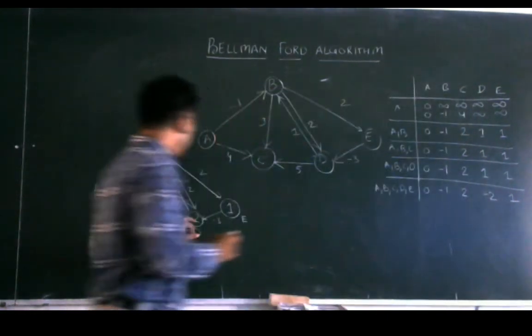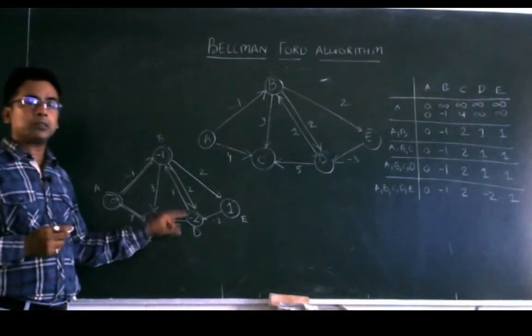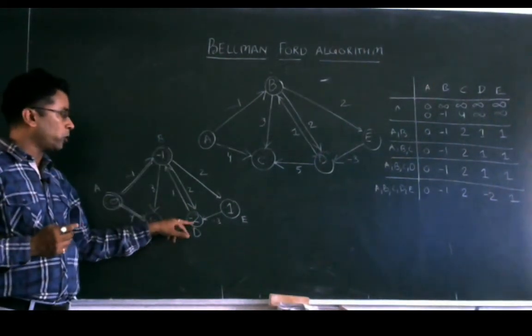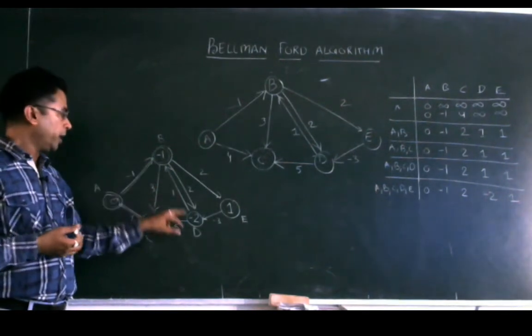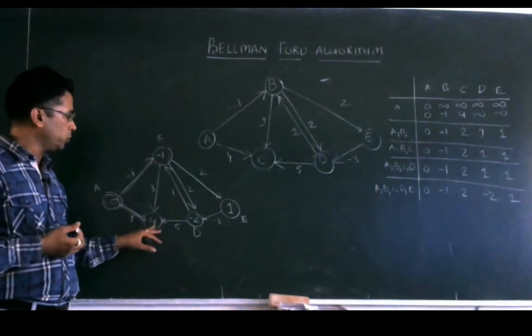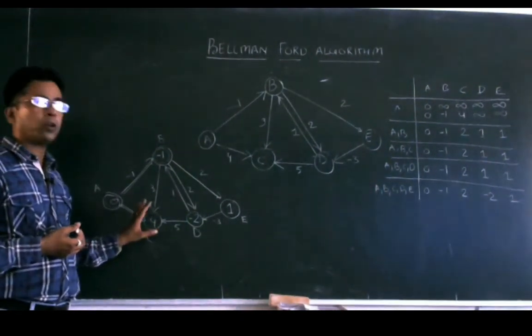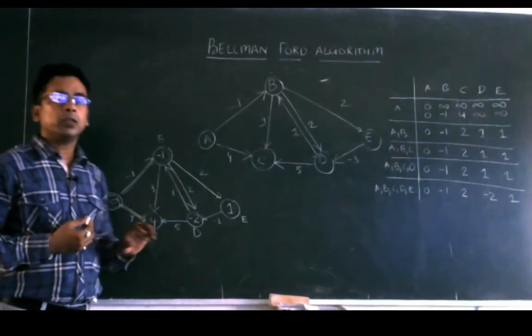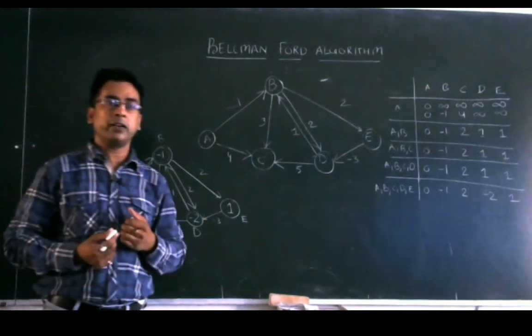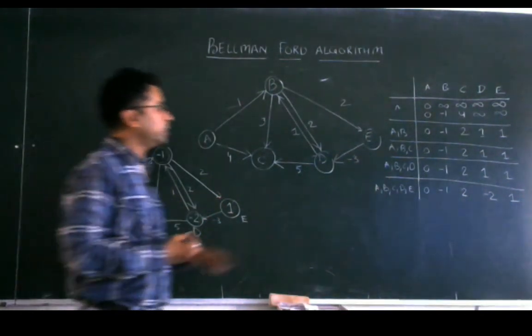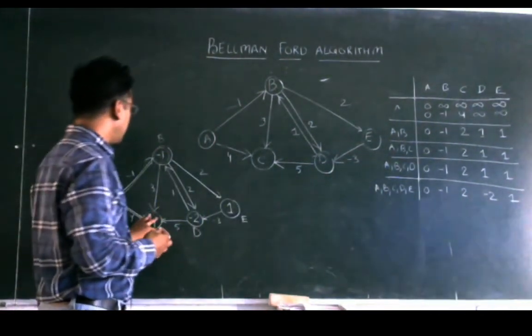But we shall check whether this node is further updating any node or not. Minus 2 plus 1 is minus 1, and this node is already at that value. And minus 2 plus 5 is equal to 3, and this node is already at the value of 2. So this node cannot be relaxed any further. So we stop this procedure.